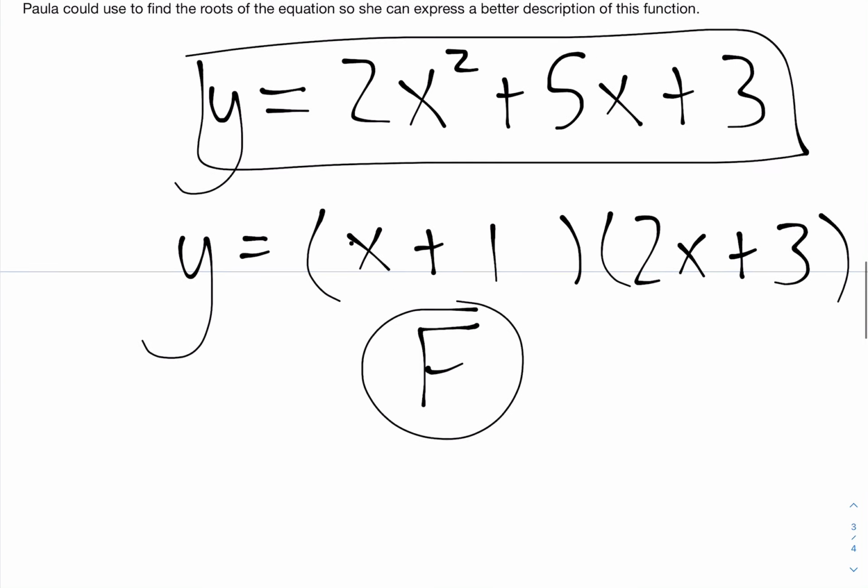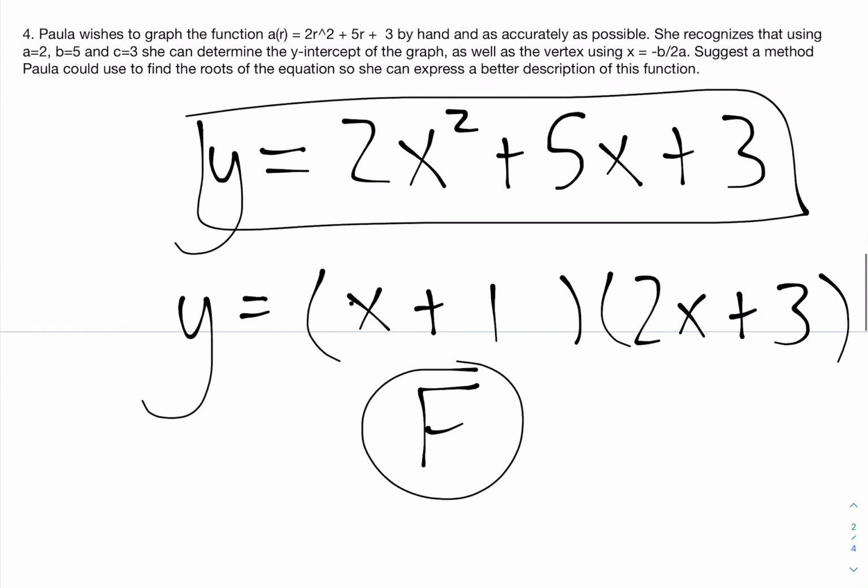But like I said, it's not bad. It's not really looked down on to just default to the quadratic formula for harder questions. But for ones like this, where we can obviously factor, factoring will be a lot quicker.